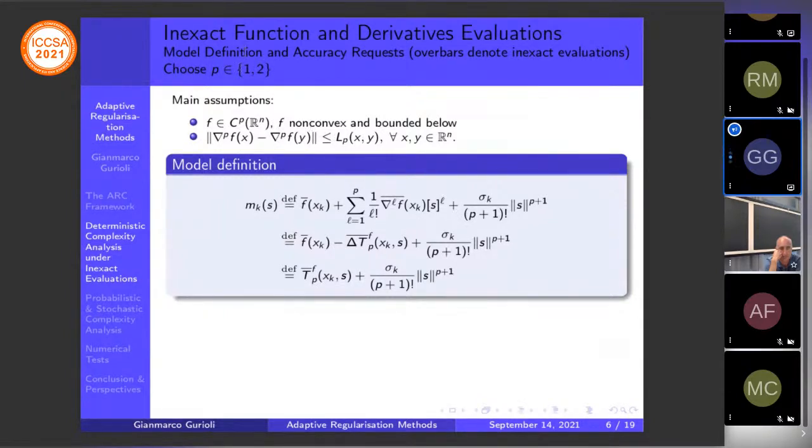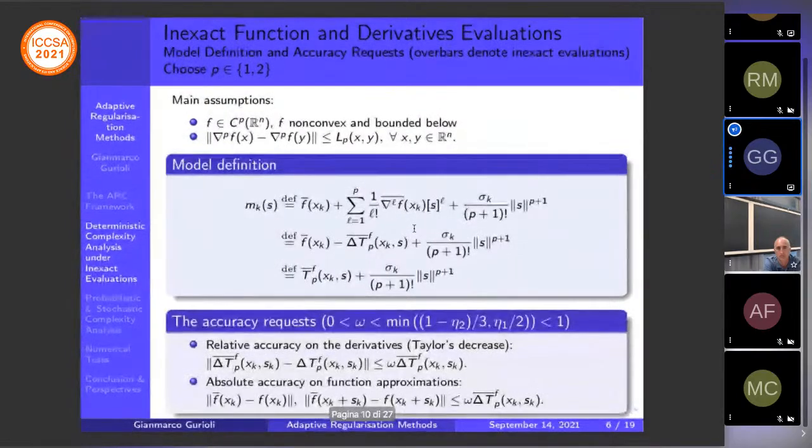Choosing p in {1, 2}, and assuming basically the global Lipschitz continuity of the pth order derivative, a p plus 1 regularized Taylor model, so a cubic model if p equals 2, or a quadratic model if p equals 1, is still considered, but employing inexact function and derivatives evaluations denoted by overbars.